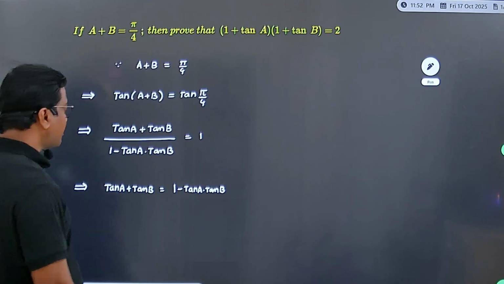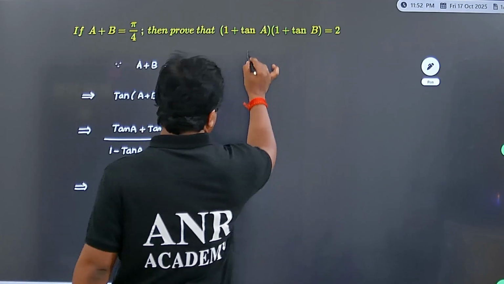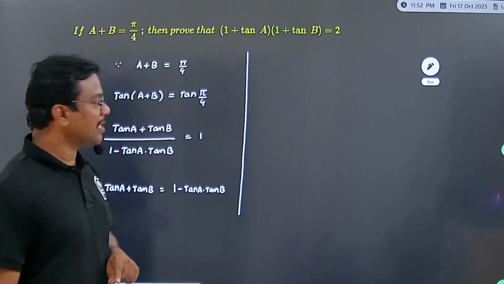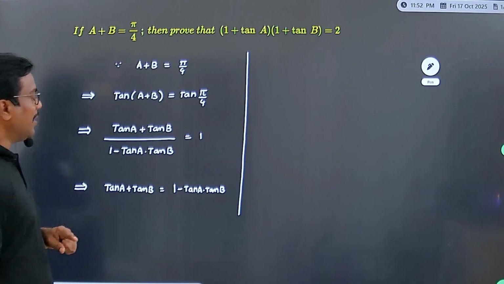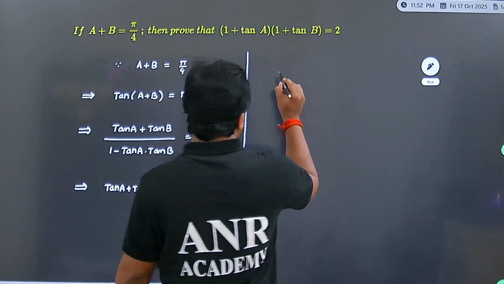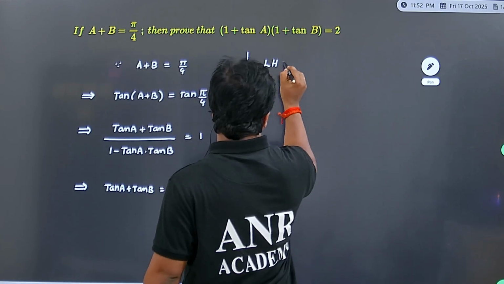Next, here we need to prove that (1 plus tan a) into (1 plus tan b) is equal to 2. So here I am going to write the LHS part.